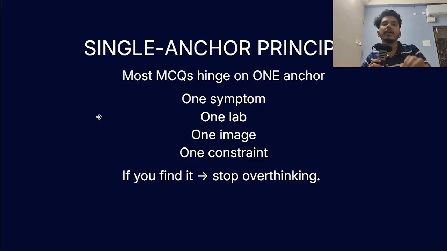And one constraint: what is the one thing you need to look into? Maybe the patient is pregnant, maybe it's an emergency case, or one very popular question is that asthmatic people cannot take beta blockers. That is something they use a lot. So you need to, for example, check for predisposing factors. Just one constraint will give you your best answer. And once you find this one anchor, you stop overthinking.